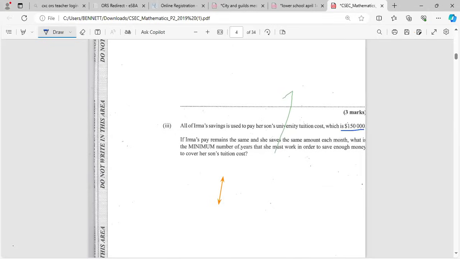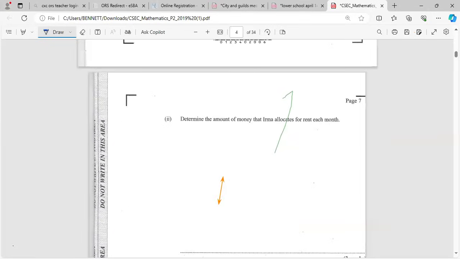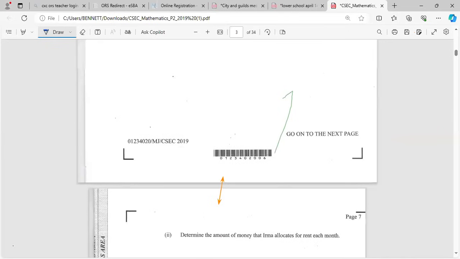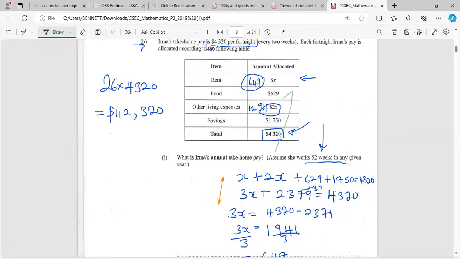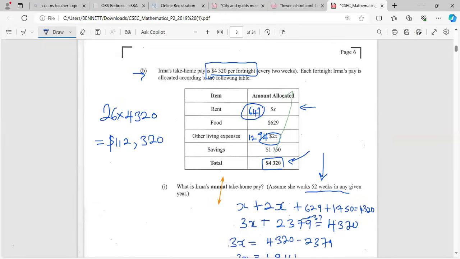My God, that's real life still. So I'm going up to the table, guys. I'm going to actually write it up here because in the exam you would have that information in front of you.